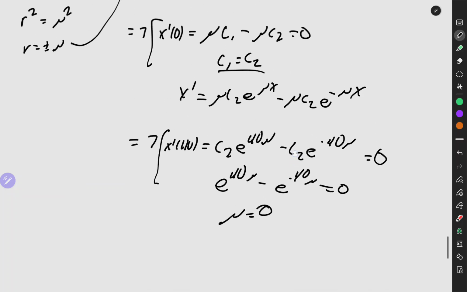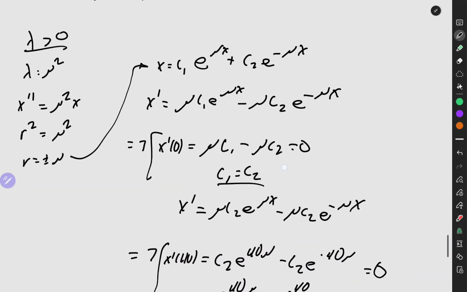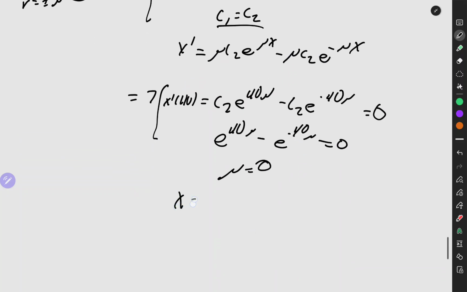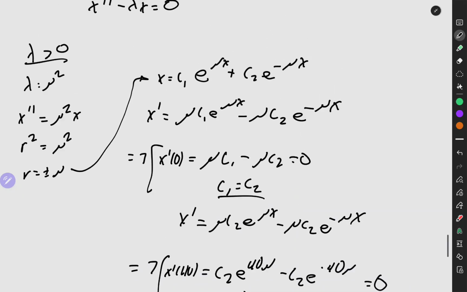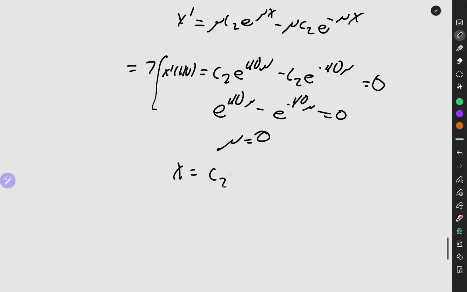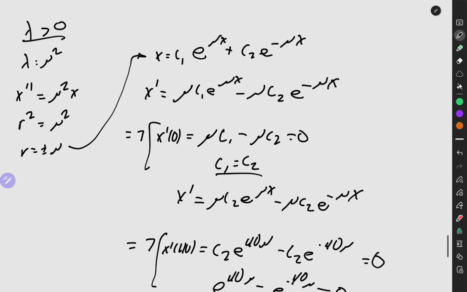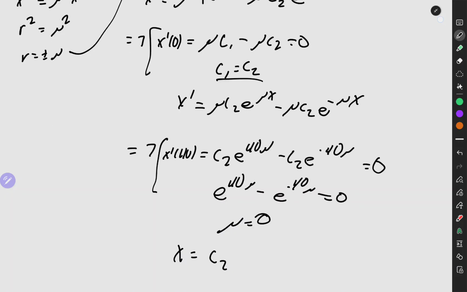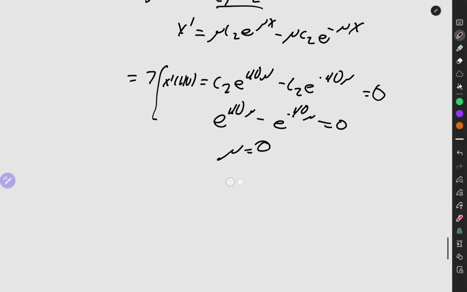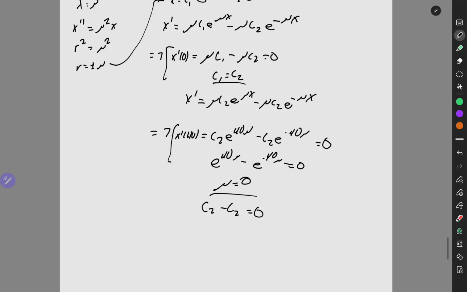If mu is 0, let's go back up here. We know that x is equal to, because C1 is C2, well, first of all, if mu is 0, we look up here now, we have C2 minus C2. Sorry, I explained that kind of poorly there.